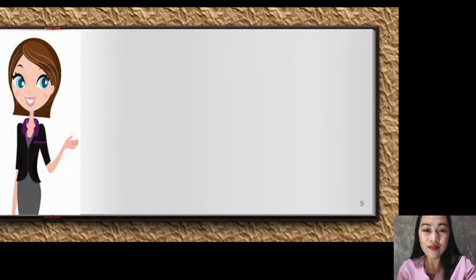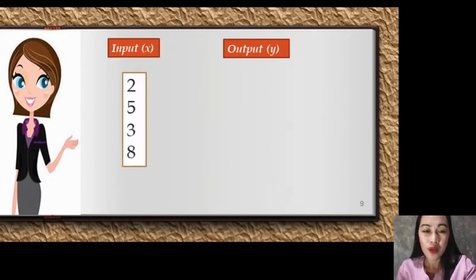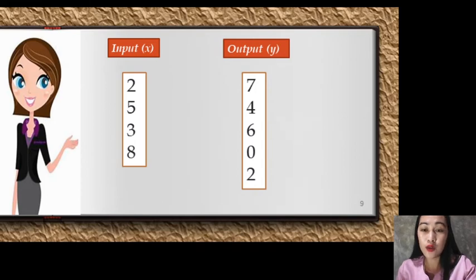Next example: the input is 2, 5, 3, 8, and the output is 7, 4, 6, 0, and 2. 2 is paired with 7. 5 is paired with 4. 3 is paired with 6. 8 is paired with 0, and it is also paired with 2.